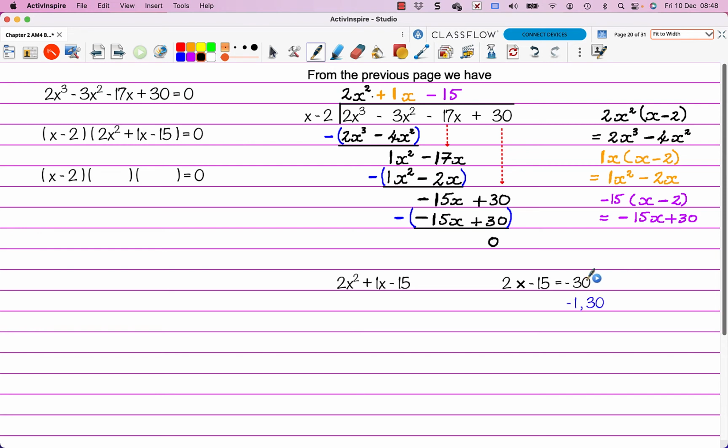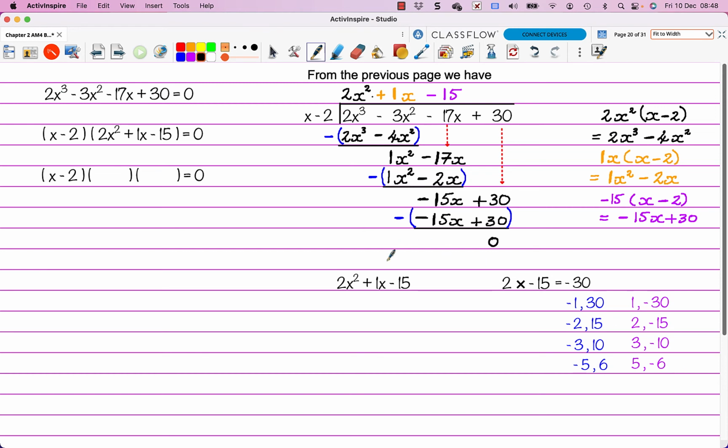So minus 30, the first factor pair is minus 1 and 30. The next factor pair is minus 2 and 15. The next factor pair is minus 3 and 10. And we've also got minus 5 and 6. And if you want to change both signs, you've got the other factors here.